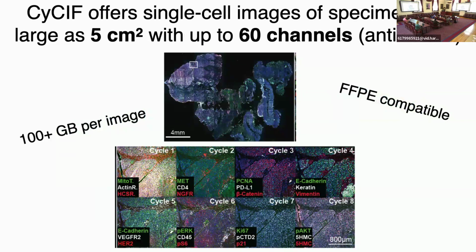So again, the benefit of SciSif is you can image an entire glass slide, so classic histology slides. With up to 60 channels, really the limit is both how well the tissue holds together throughout this process. There's a lot of washing and decoverslipping, and tissues, depending on what kind of tissue they are, tend to fall apart after a certain number of cycles. You're also limited by how many good antibodies there are.